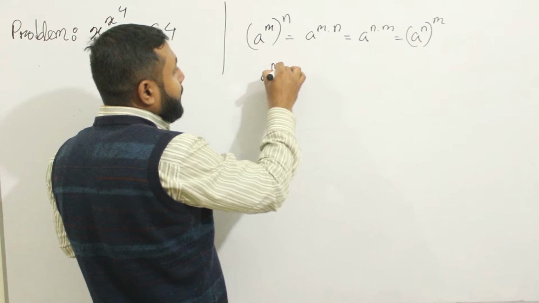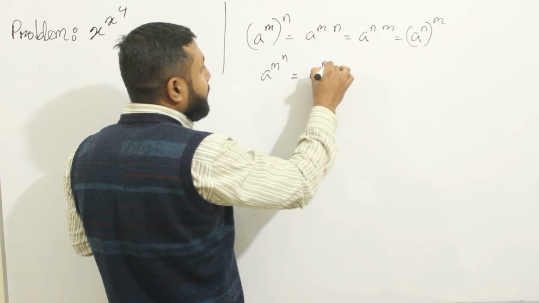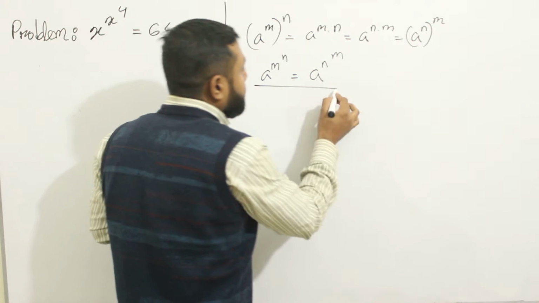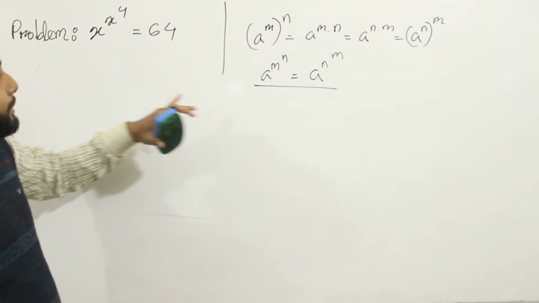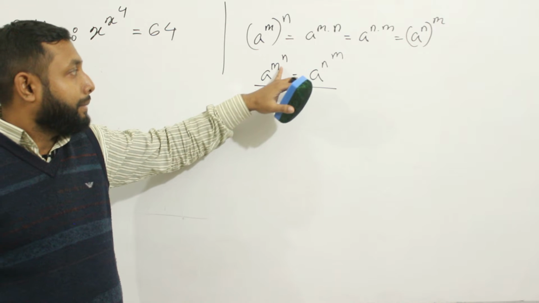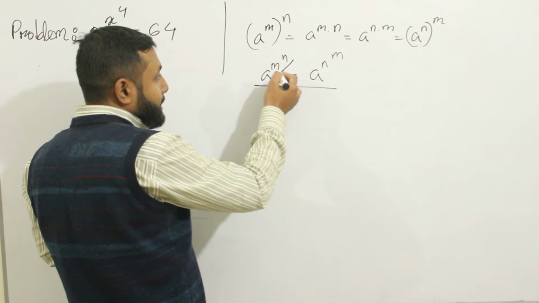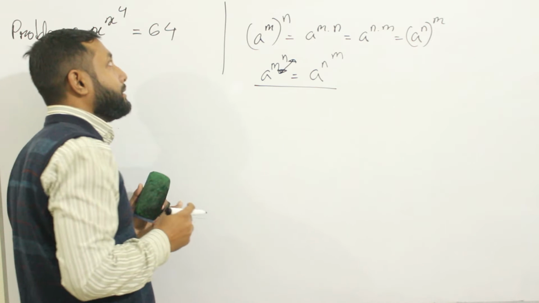A to the power m to the power n is equal to a to the power n to the power m. So we can exchange our exponents with one another.